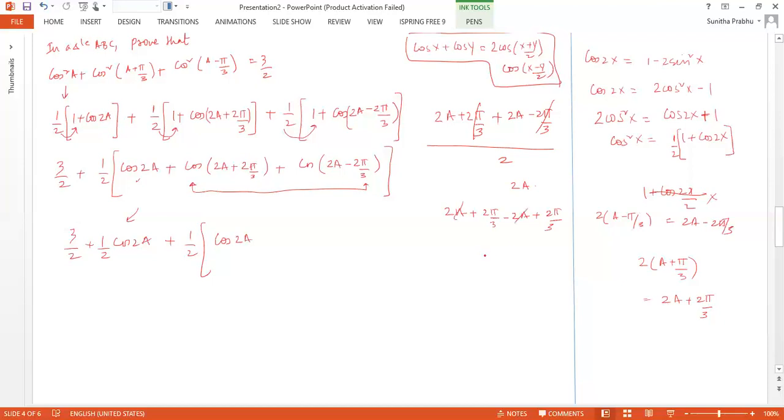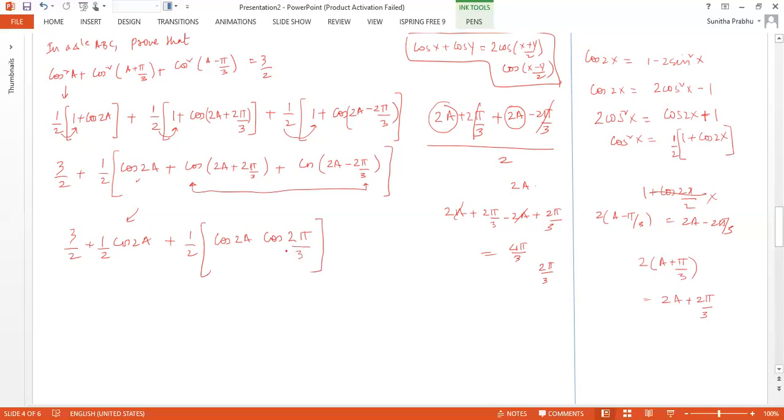This will go off, 4 pi by 3 by 2 will be 2 pi by 3. Correct? Sir, won't it be just cos a because it's divided by 2? Oh, no, never mind, sorry. It is 4a. No problem, because I keep speaking, I sometimes make mistakes. 2a plus 2a by 2. So it will become cos 2a, and this is cos 2 pi by 3. Correct?